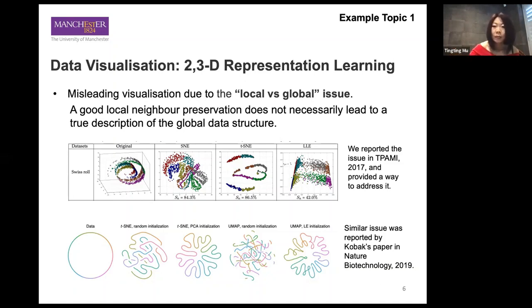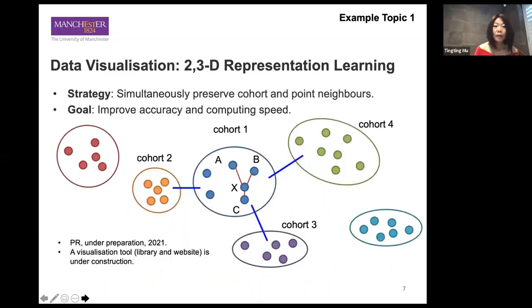So how do we fix this problem? We proposed a strategy to improve the local and global data structure preservation by simultaneously preserving the neighboring relationship, not only between data cohorts, but also between individual data points.